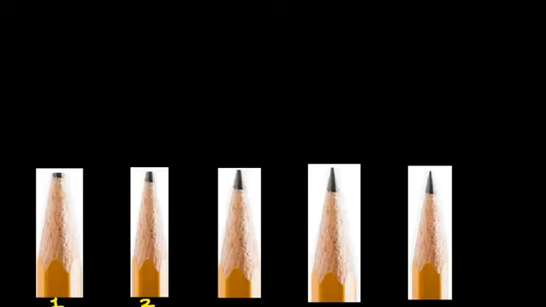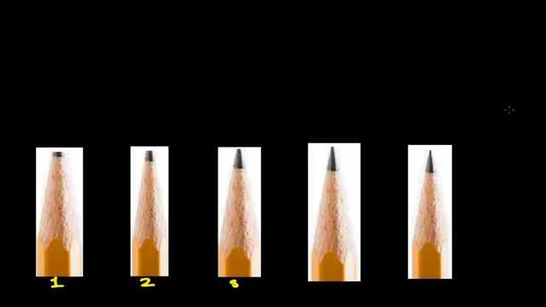This is the second pencil, which is sharper than the first one, and the third pencil is sharper than the second one. This fourth pencil is the sharpest among these, and the fifth one is the sharpest of all, right? This is blunt, more sharp, more sharp, more sharp, and the most sharp here.